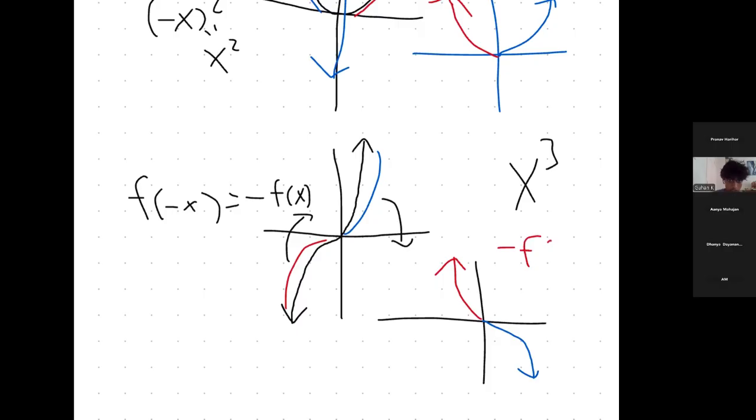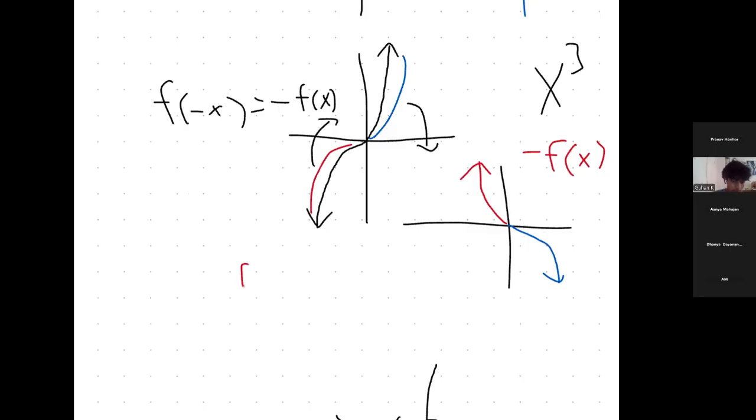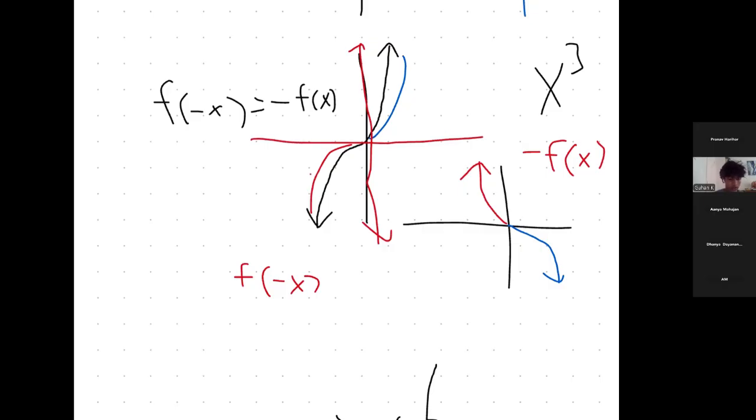Now, let's look at f of negative x. Now this is reflecting over the x-axis, so we're reflecting over this line. So that means we're reflecting like this. So this is going up. No, sorry.